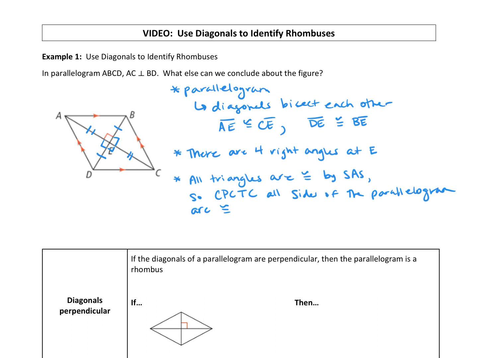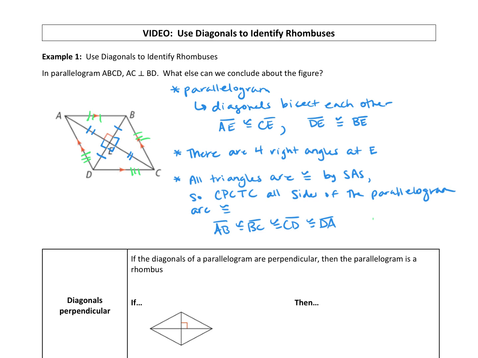So those sides that we're talking about, we're talking side AB is congruent to side BC, is also congruent to side CD, is also congruent to side DA. So if we mark that in the picture, you have 4 congruent sides, and you have diagonals that bisect each other.